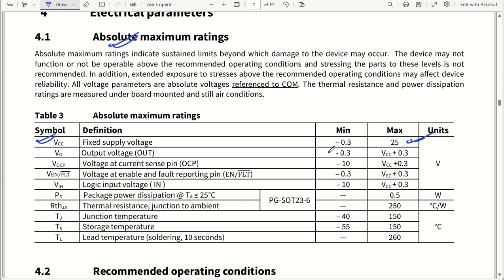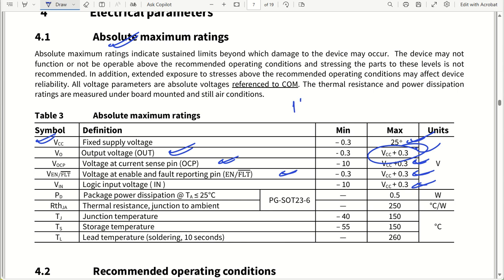You have to make sure the VCC pin is not stressed more than 25 volts, otherwise it will get damaged. The output pin will take VCC plus 0.3 volt. The voltage at the current sense pin will also take VCC plus 0.3 volt. The voltage at the enable and fault reporting pin will also be VCC plus 0.3, and the logic input will also take VCC plus 0.3.